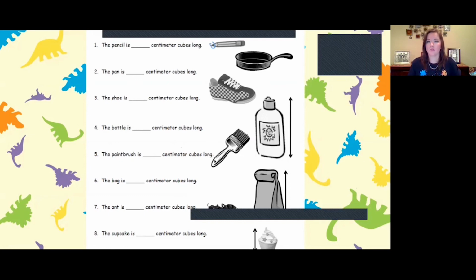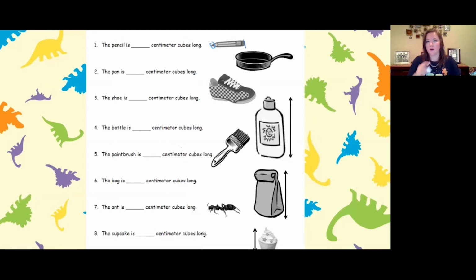Our endpoints. All right, so now I'm going to take my manipulative. I'm going to hold it up to the screen. All right, I have one right here. I have one right here. So I'm going to say, because the pencil's a little bit longer than my manipulative, it is about 1. Because it's not a big difference, it's a tiny difference. So I'm going to say that this pencil is about 1 centimeter cube long.